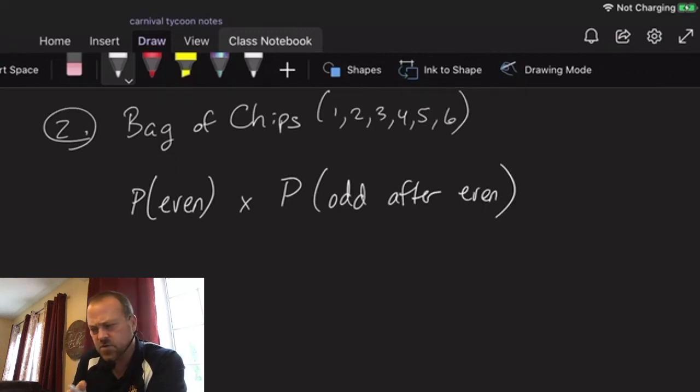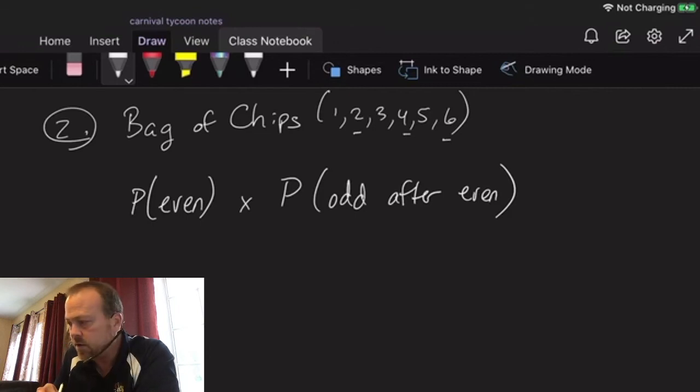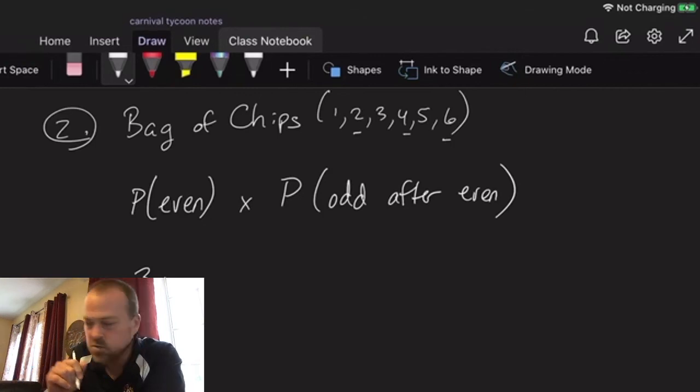So let's think about this. First of all, the probability of an even number. Even numbers would be 2, 4, and 6, so that would be 3 out of 6 would be the probability of the even, or 1 out of 2. We can leave it as 3 out of 6 right now if we want.